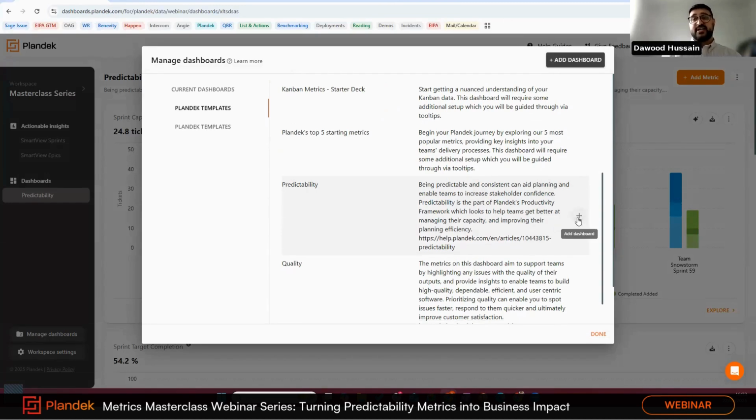If you click on this and click on Add Dashboard, all the metrics that you've seen in today's session will be imported into your workspace and into a predictability dashboard. That will enable you to configure those metrics however you like, and also help you start understanding what I need to do to become more predictable, and how that can impact your business outcomes as well.